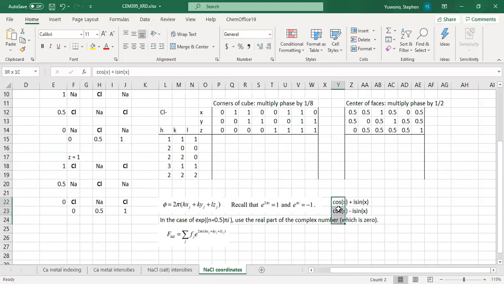Now, because this is a trigonometric function, if the argument is pi or 2 pi, we get some special numbers: 1 if the number multiplying pi i is an even number, or minus 1 if we have an odd number multiplying pi i in the exponent. So that's exactly what we will look for here. Are we getting an even or an odd number? In some cases, depending on your structure, you will also have something like 1.5 times pi i, or that kind of fraction.